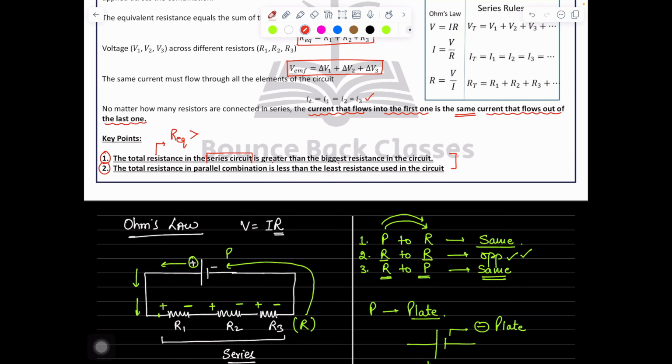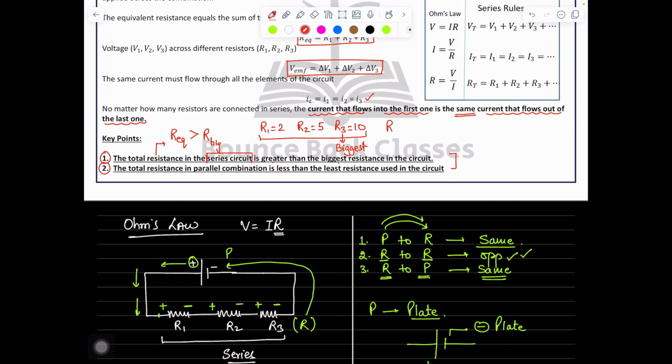So R equivalent is always greater than R biggest. How? Okay, I'll give you an example. Let's say you have R1 is 2, R2 is 5, R3 is 10. So can I say out of these three resistances, this is the biggest one? Yes or no? Yes, this is the biggest one.